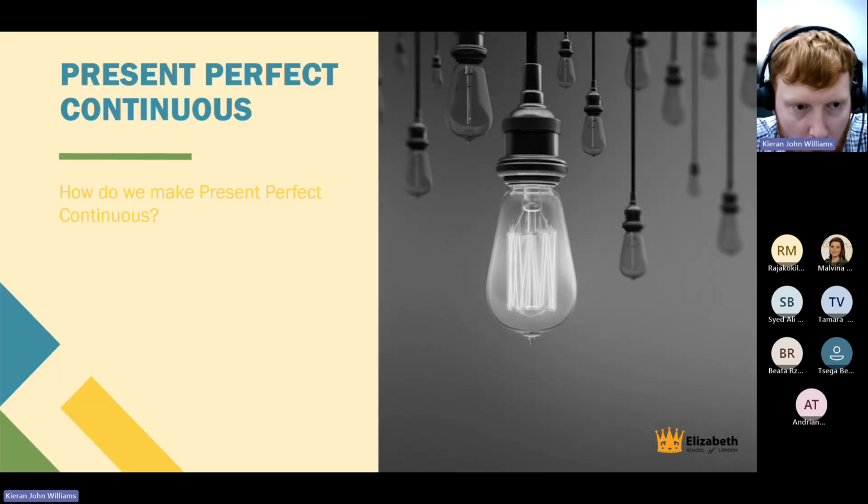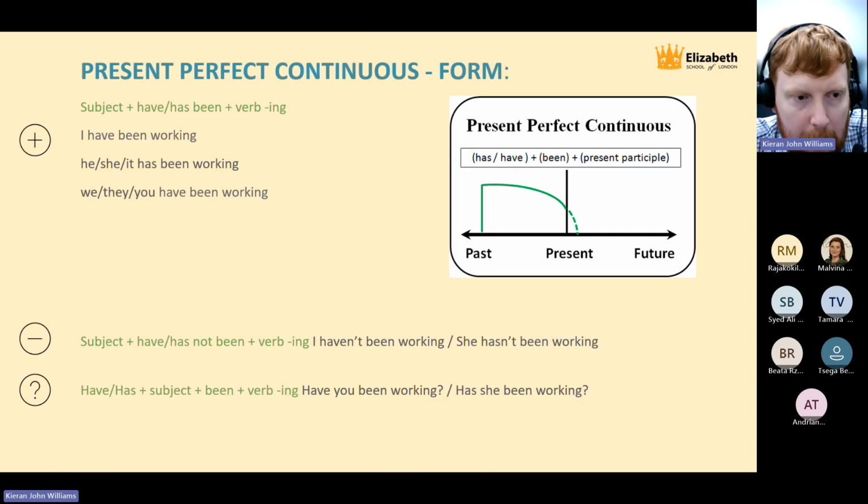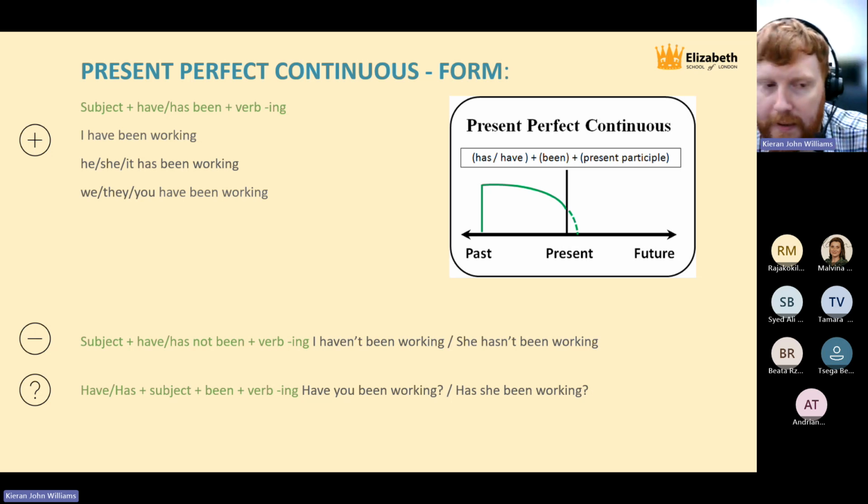Okay, so we make this by using the subject plus have or has, just like present perfect simple, been, and then ing. Okay, so it would be I have been working, I have been playing, I've been studying. He, she, it has been working, studying, or eating. And we, they, you have been sleeping, something like that.